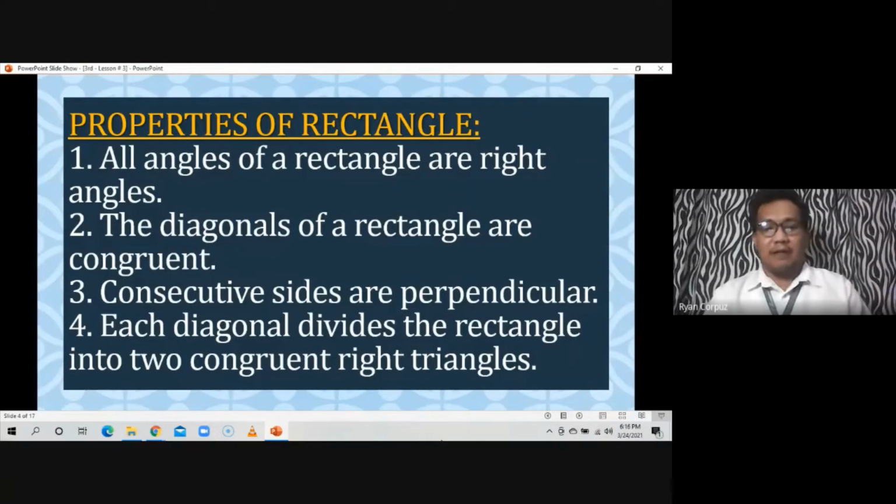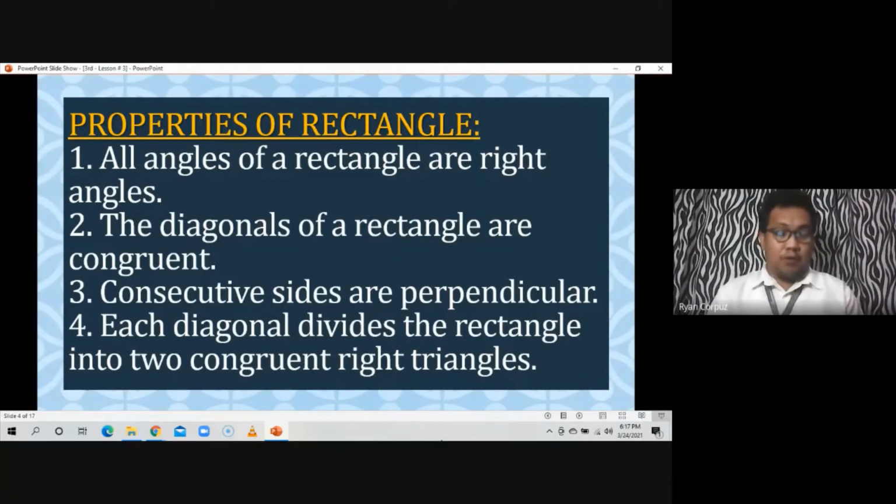That's very obvious: when you draw one diagonal together with the other diagonal of the rectangle, they are congruent in measure. Number 3, consecutive sides are perpendicular. Meaning, when we say perpendicular, it produces a 90-degree angle.